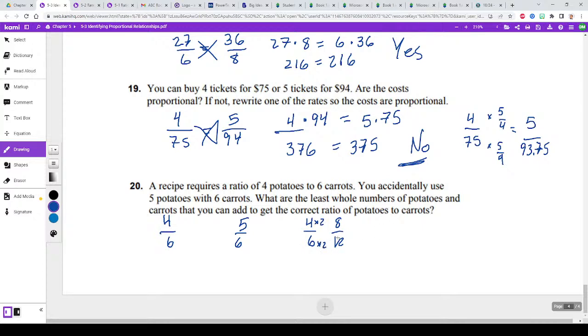So what that means is that we would have to add 3 potatoes and 6 carrots. All right, there we go. This explains this assignment.